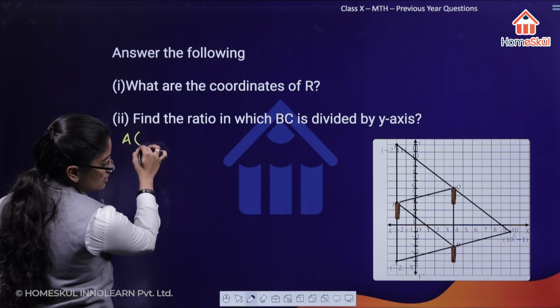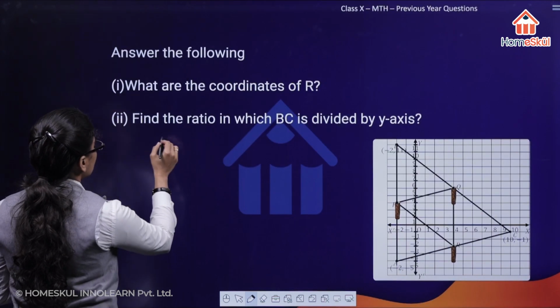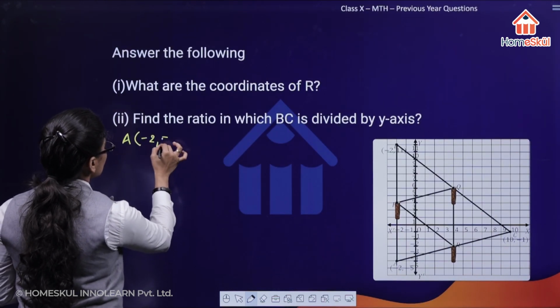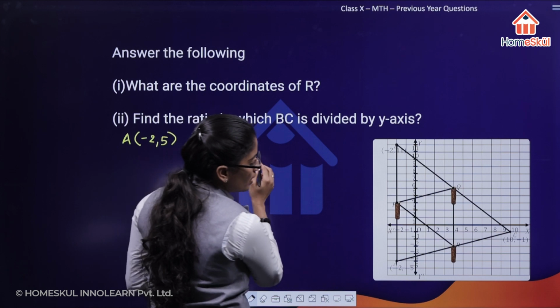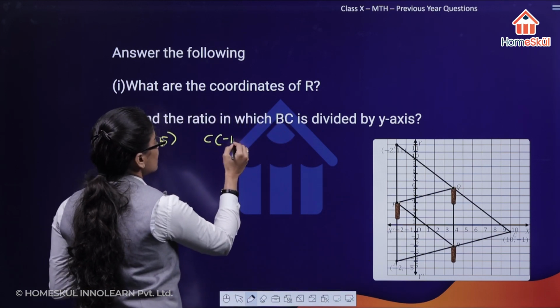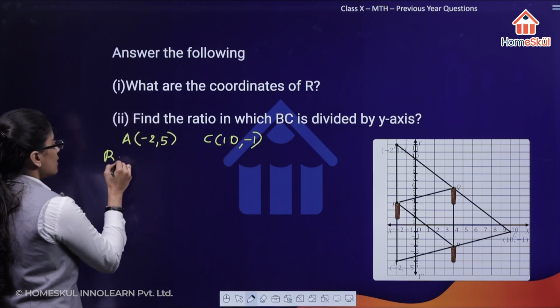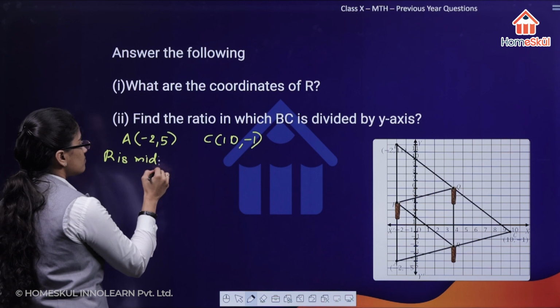A coordinate is -2, -5 and C coordinate is 10, -1. R is the midpoint of AC.